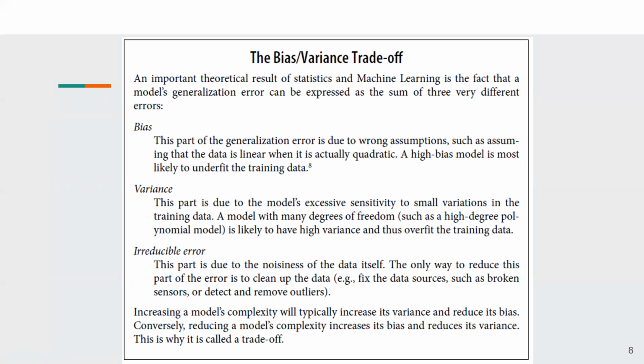It is an important theoretical result of statistics and machine learning that a model's generalization error can be expressed as a sum of 3 very different errors. So the first question you probably have is, what is generalization error? Generalization error, we're talking about not only the training, but also whether the model can do a decent job on unseen data.